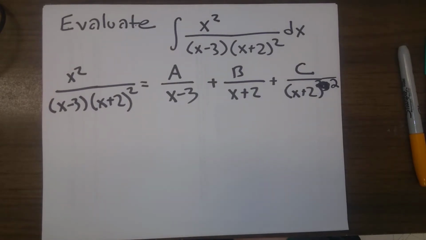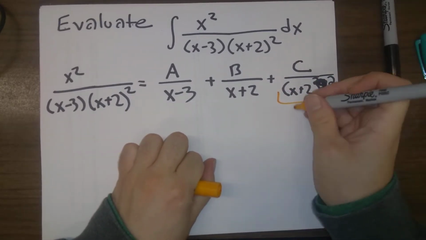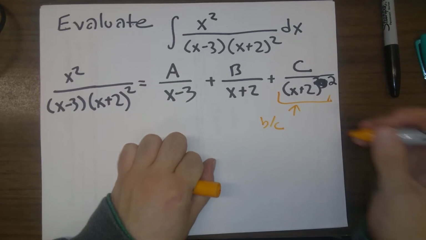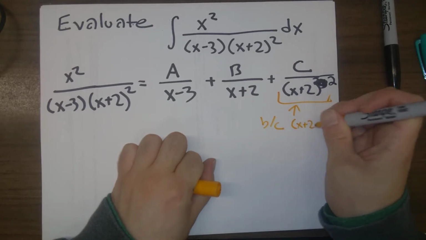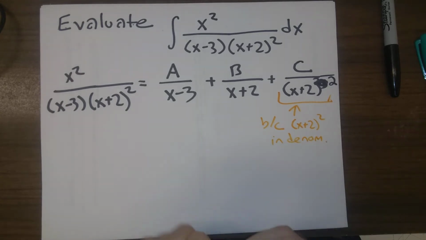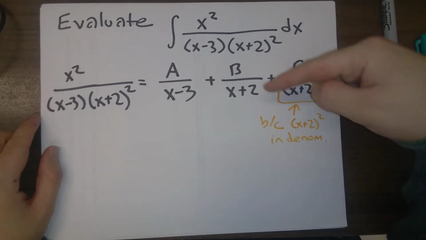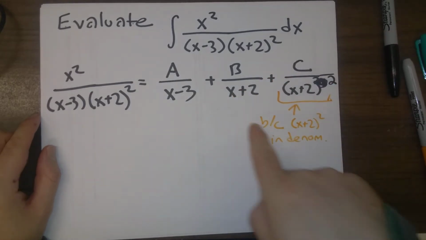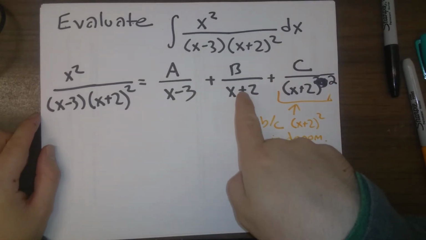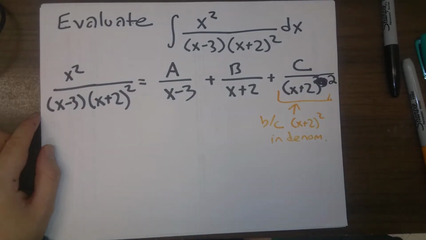So if we're in this situation, this is because we have an (x plus 2) squared in the denominator. Because we have a factor (x plus 2) squared in the denominator, we have to include in our setup both a factor of x plus 2 and a factor of (x plus 2) squared.